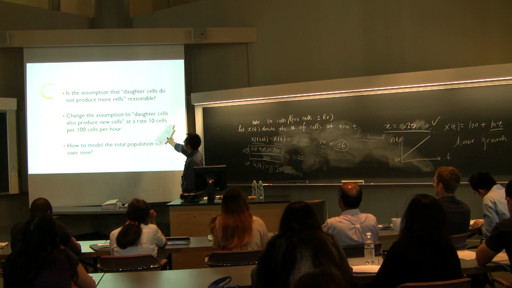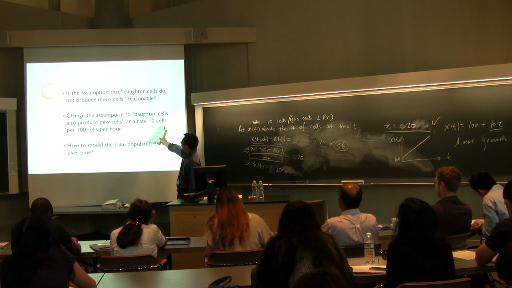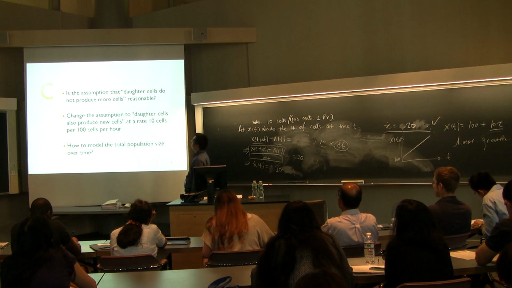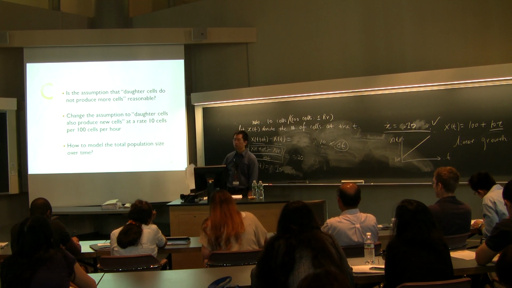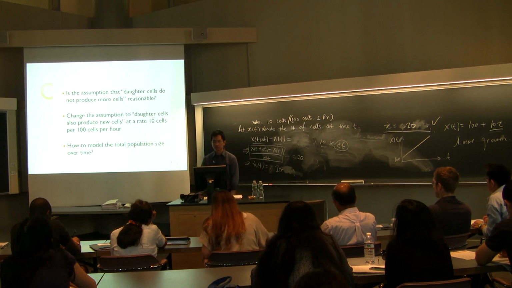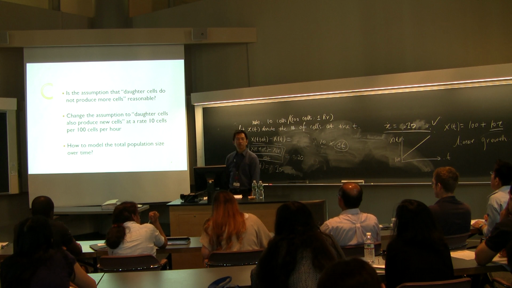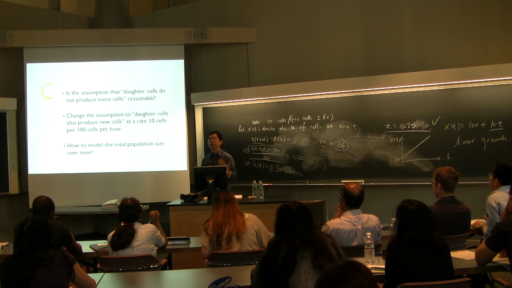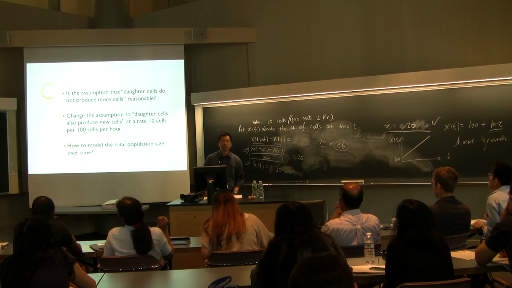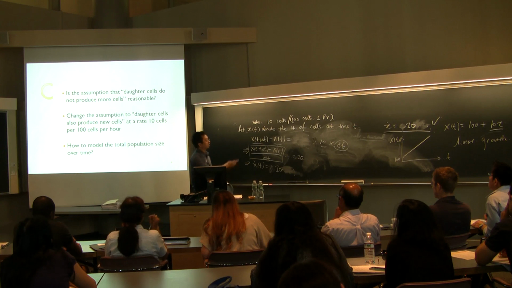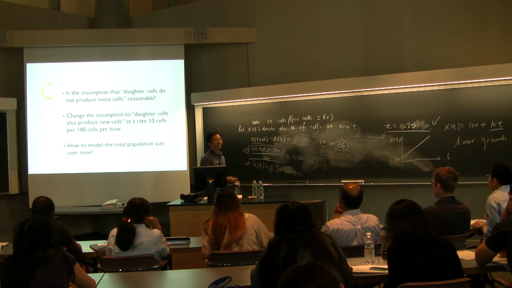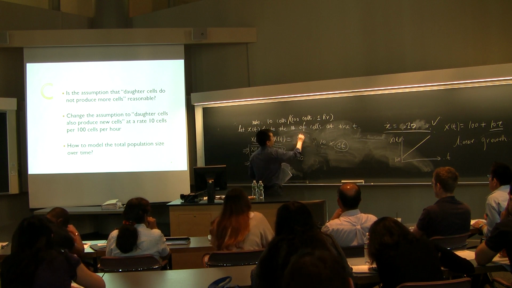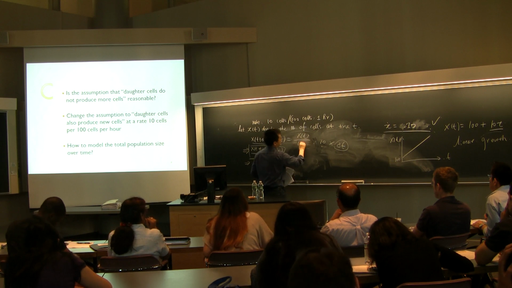Now we're saying that each 100 cells can produce 10 cells per hour. So it doesn't matter whether they are the original cells or the daughter cells. Then what we're going to do is what I just did.